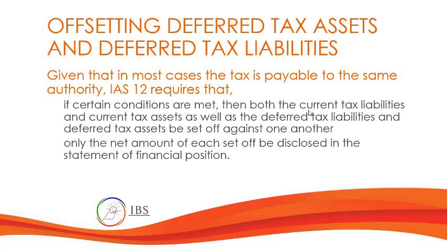Only the net amount of each set off be disclosed in the statement of financial position. So if the deferred tax liability is greater than the deferred tax asset, you will offset the deferred tax asset against the deferred tax liability, and the line item presented in the statement of financial position will be the higher amount, which is deferred tax liability.